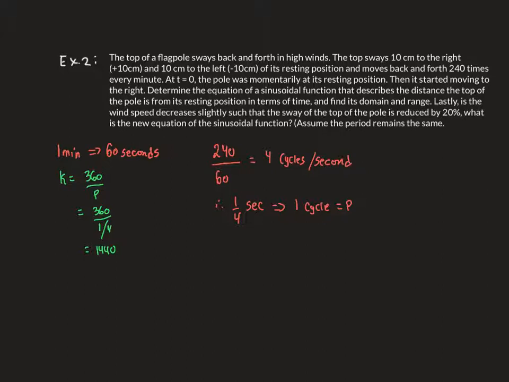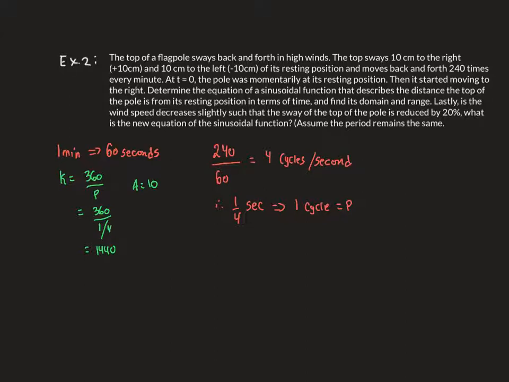Okay. So once again, as normal, what would my amplitude be? Well, remember, you take your max, you take your min. What would we have here? Well, it's going 10 centimeters to the right, 10 centimeters to the left. So it's going by tens. So amplitude's 10. Now, do I have a C?